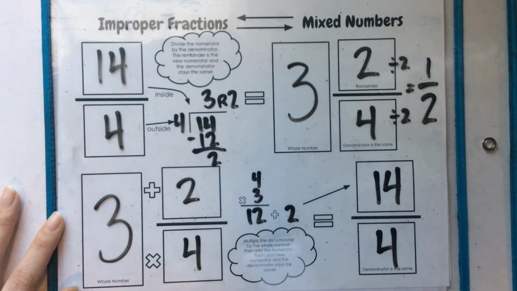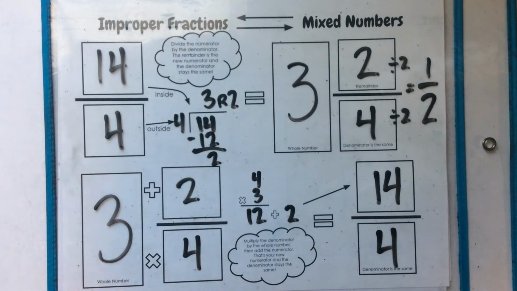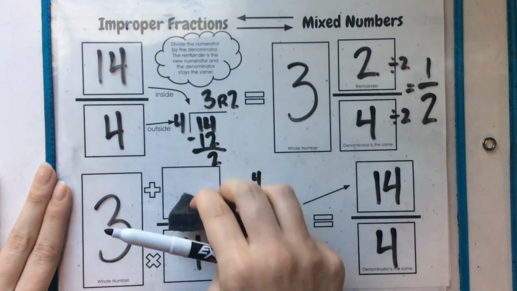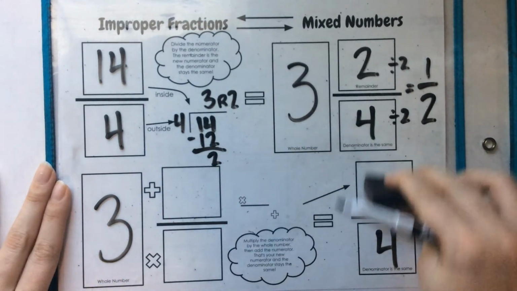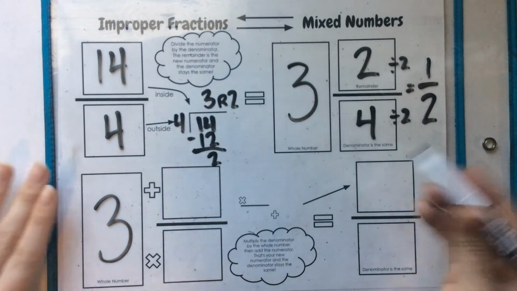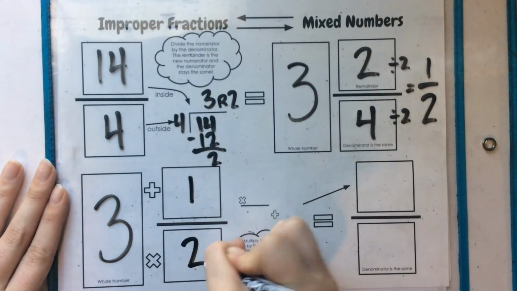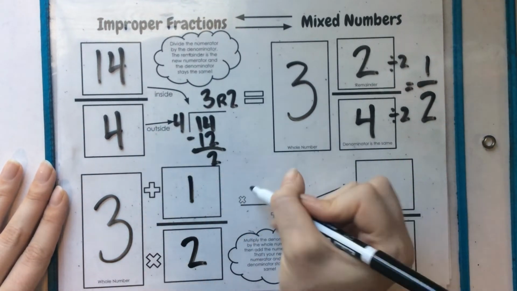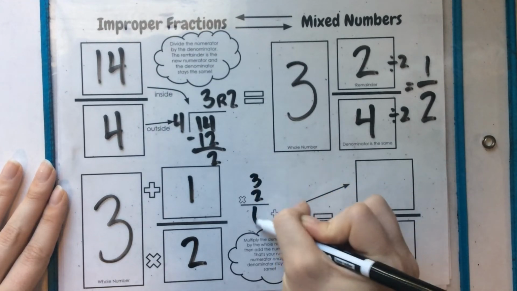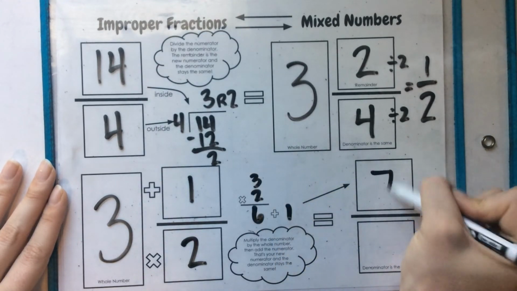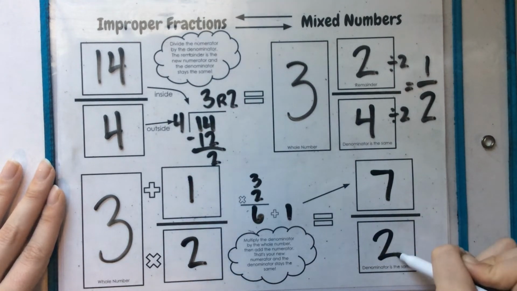Well, what if we did 3 1/2 instead of 3 2 fourths? Let's check it out. So 3 1/2. 3 times 2 is 6, plus 1 more is 7. 7 halves.